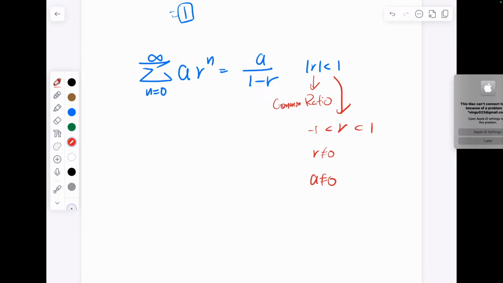So what happens when R is greater than 1? This is going to diverge. And this is converge. Why? Because with R greater than 1, your next term is going to get bigger, bigger, bigger. If you keep on adding bigger numbers, guess what? You're diverging. If you keep on adding smaller numbers, there's a chance it will converge. Not always.